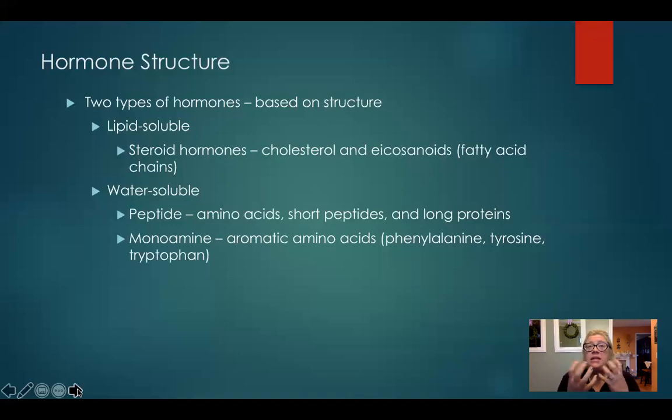And this is a huge difference between the two, because they're going to have to bring about changes in cells differently, basically because the lipid-soluble can get into the cell and the water-soluble cannot. So the lipid-soluble hormones are referred to as steroid hormones because a major component of them is made up of steroids, and steroids are a type of lipid we talked about in Bio 103.